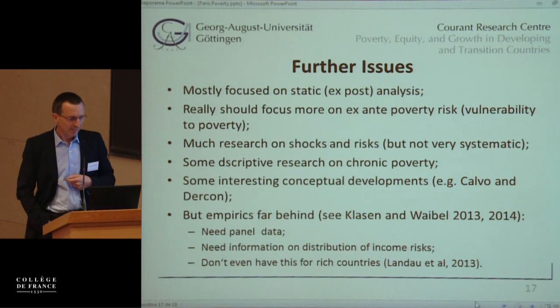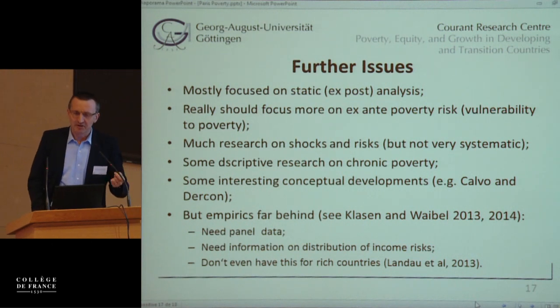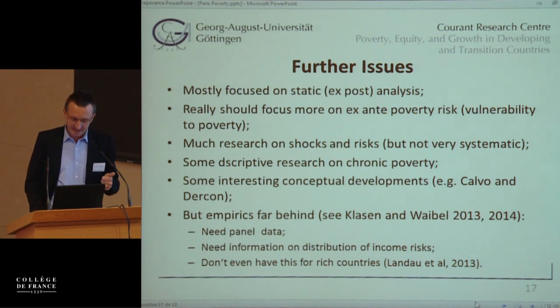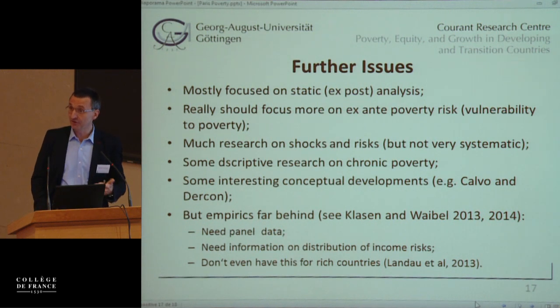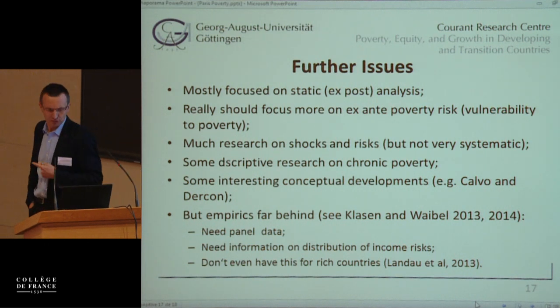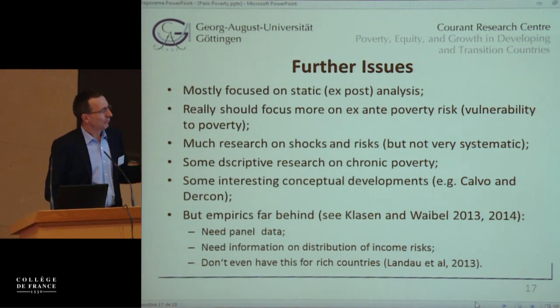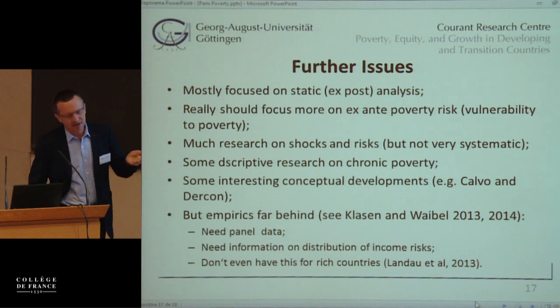but we are very far behind on the empirics of this, which of course means that, because it's very difficult, we need panel data, we need information on the distribution of income risks of households, basically about all states of the world and their probabilities, which is very, very difficult to do. We can get somewhere. We have a nice paper where we looked at it.